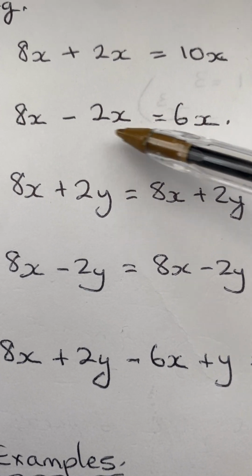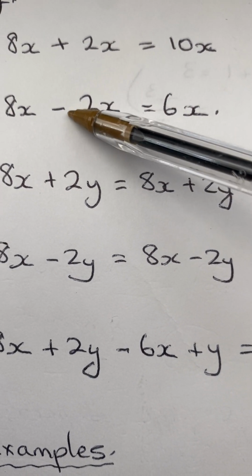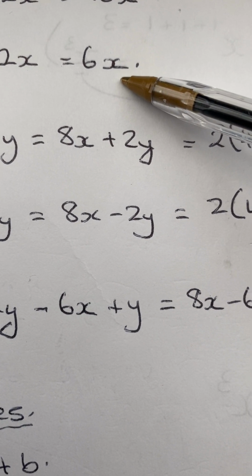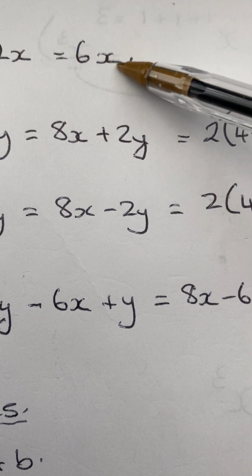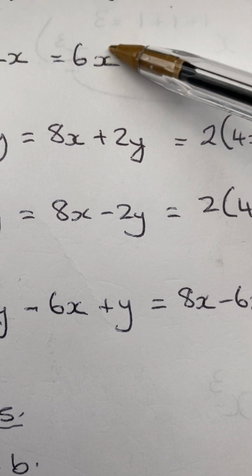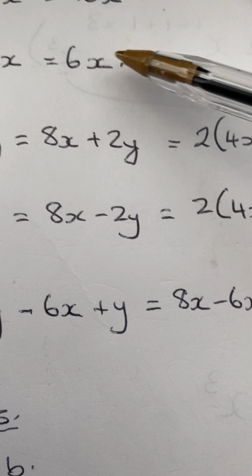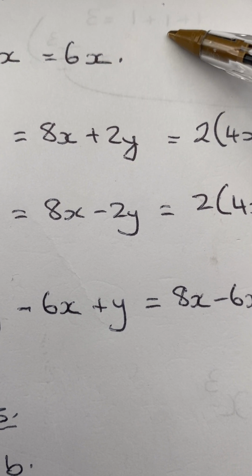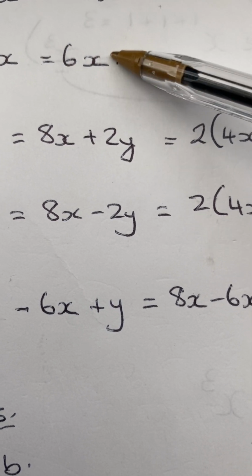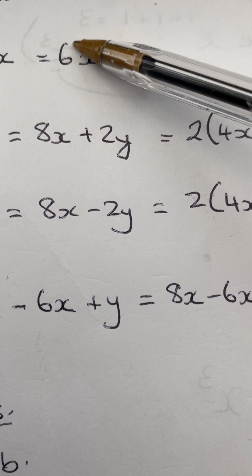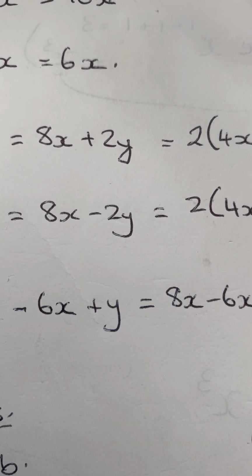So here 8 apples, take away 2 apples, 6x. The letters are always variables, so the x can mean anything. The x can be equal to 1, but at the moment we don't know, so we are going to leave our answer as 6x.